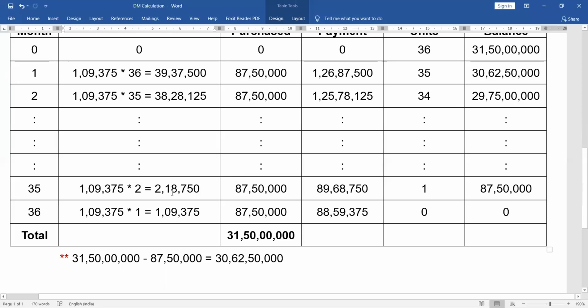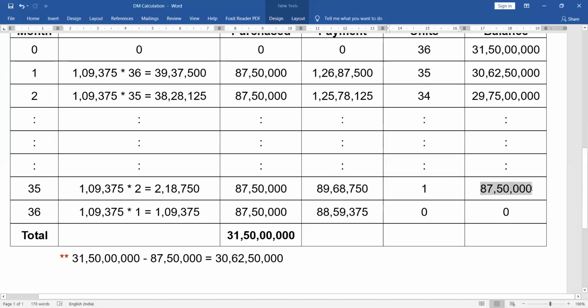So he has to pay 2,18,750. And for 1 unit, he has to pay 87,50,000. The total payment will be 2,18,750 plus 87,50,000, which is equal to 89,68,750. Now only 1 unit is left.